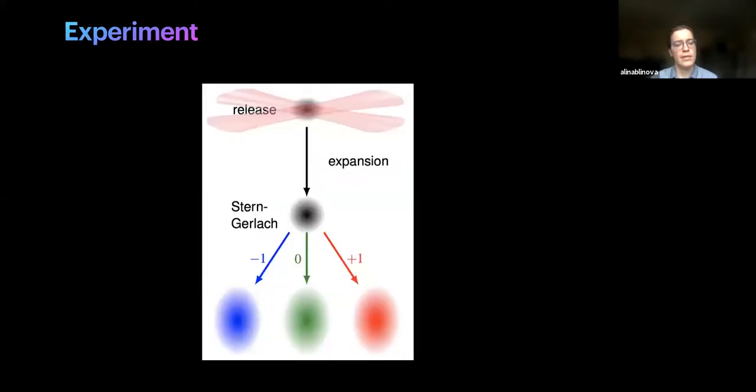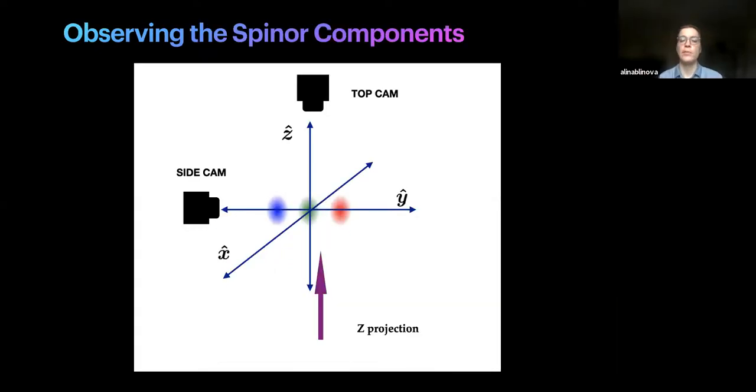Last but not least, for the experiment, the way we observe the topological textures is that once we turn off the optical trap, the condensate falls and expands, and at the very end, we apply a magnetic field gradient, which separates the 3 Zeeman sublevels, and we take a picture of the 3 components.